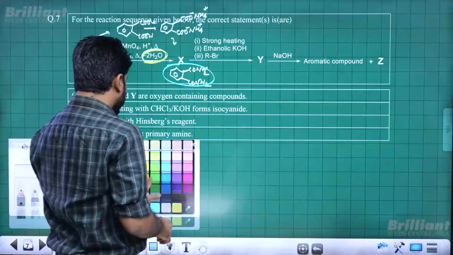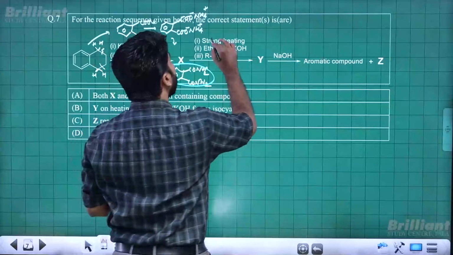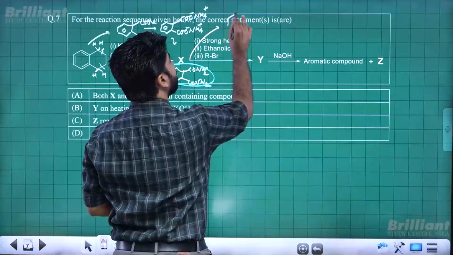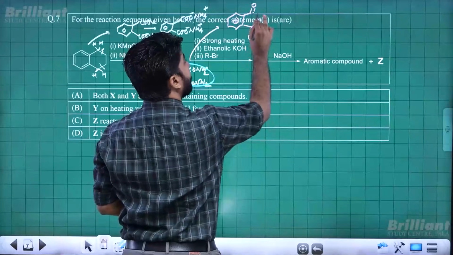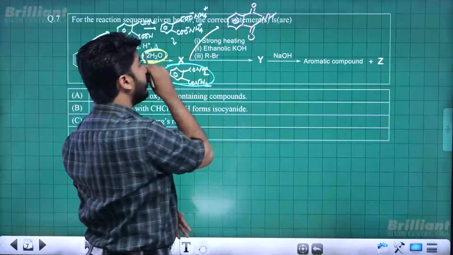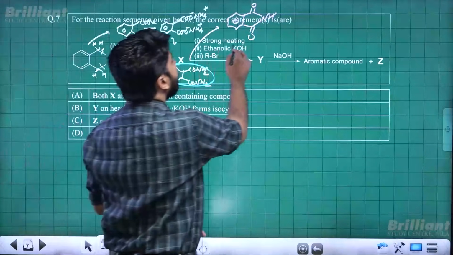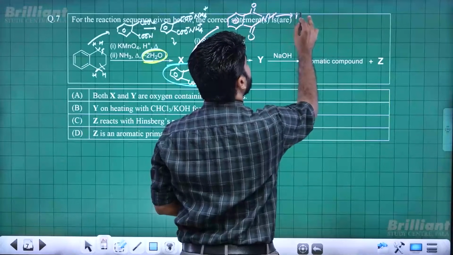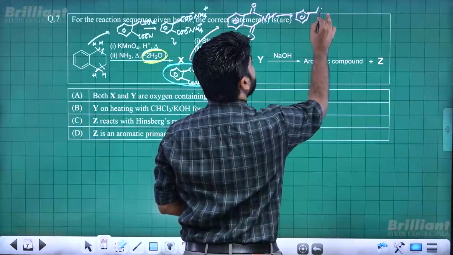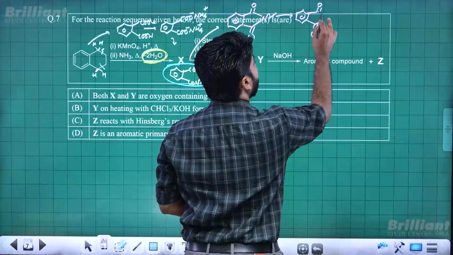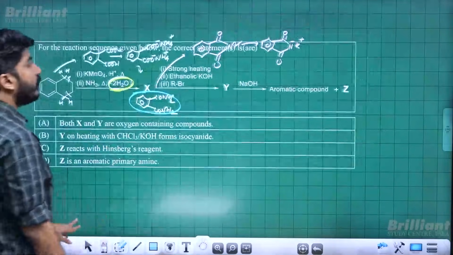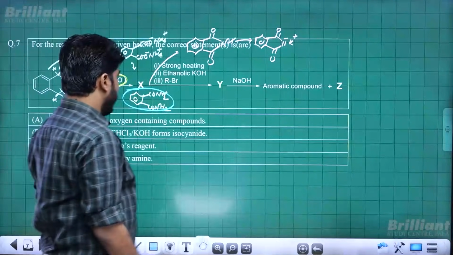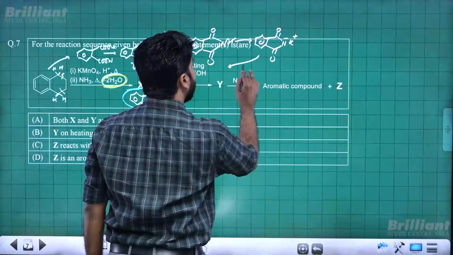Now, strong heating of phthalamide will lead to phthalimide. Imide formation will occur. With ethanolic KOH, it forms the phthalimide salt. Potassium salt of phthalimide is formed, which is then treated with RBr.